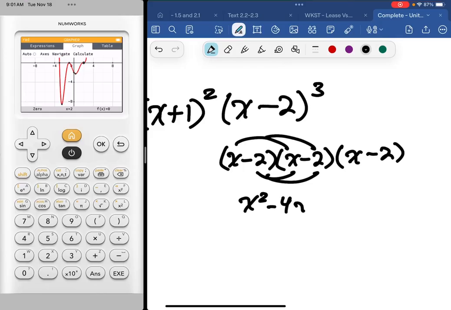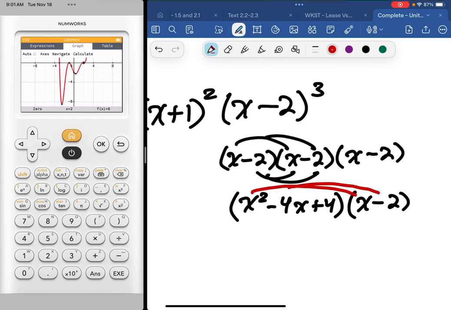x squared minus 4x plus 4, x minus 2. Each term gets distributed.